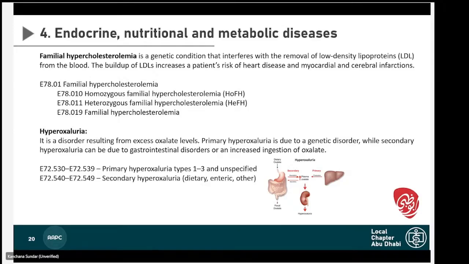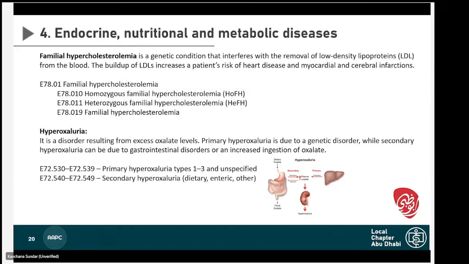So pretty much, I'm very sure the physicians will start documenting this, specifically familial hypercholesterolemia, and ensure that you are coding to its complete specificity if available from the document.